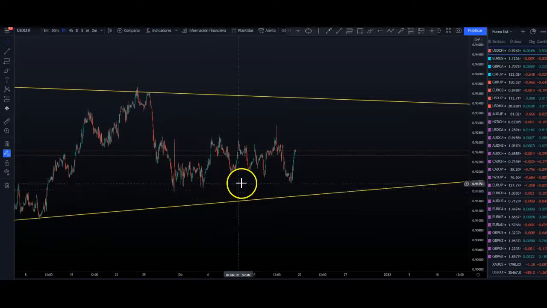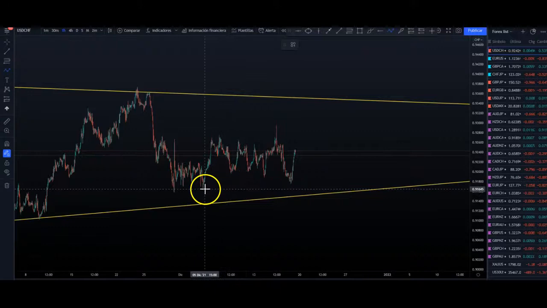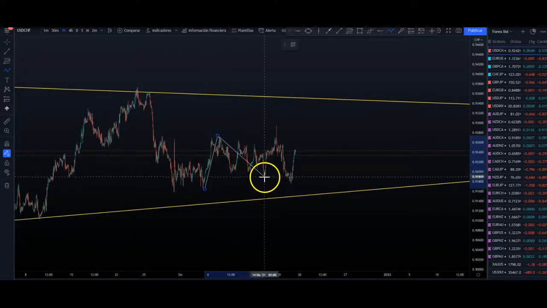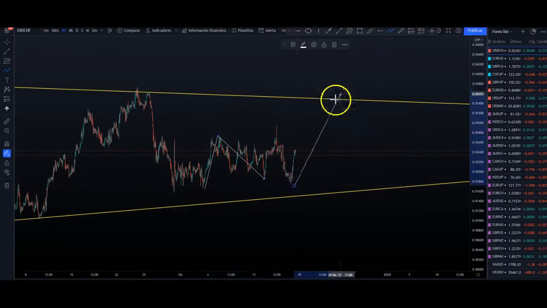Last week I predicted this move. You can go and see the video from last week. I was telling you I was expecting the market to do this. We were right here, and oops, sorry about that. Let me get rid of that.